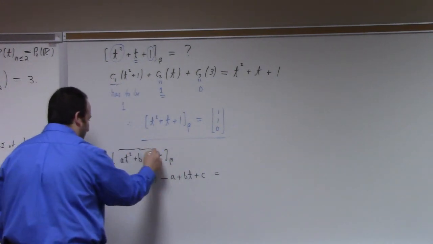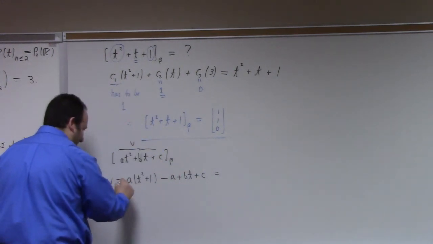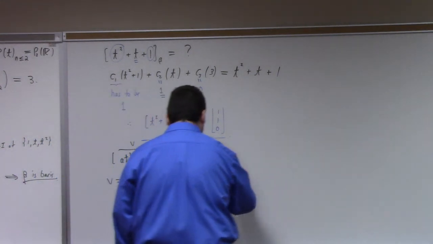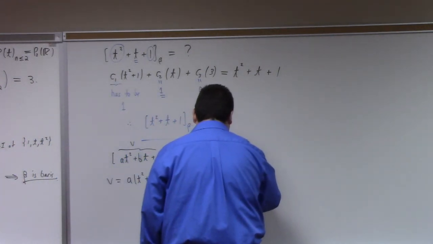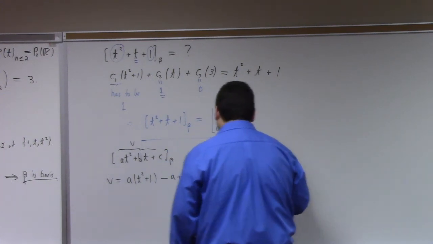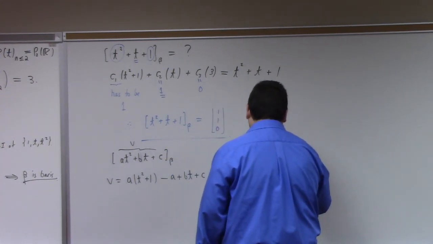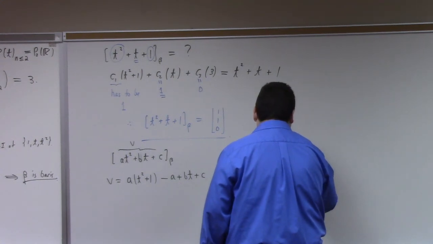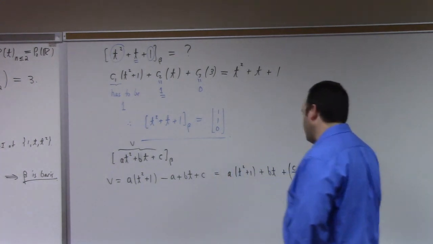We call this thing v. What's next? I have only one way to get t, so I must do plus b times t. And then plus, how about c minus a over 3 times 3.